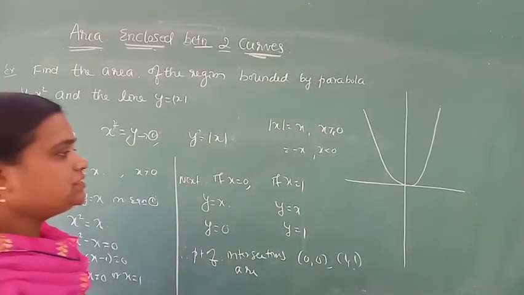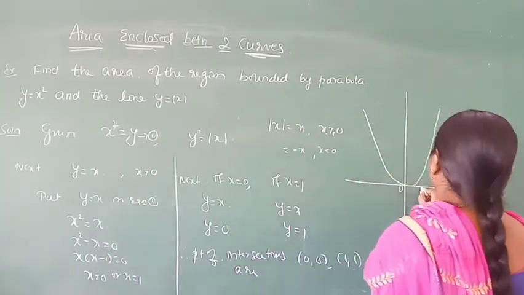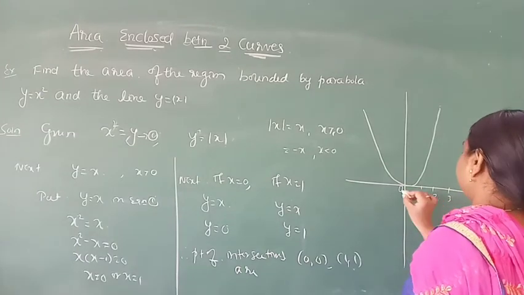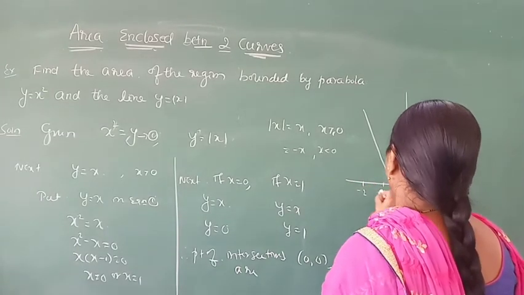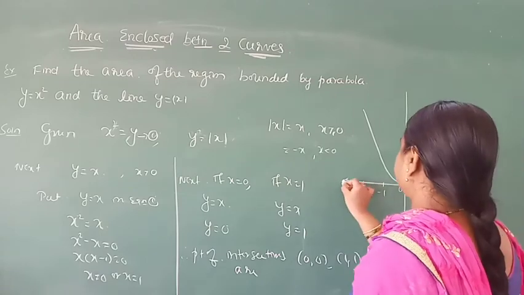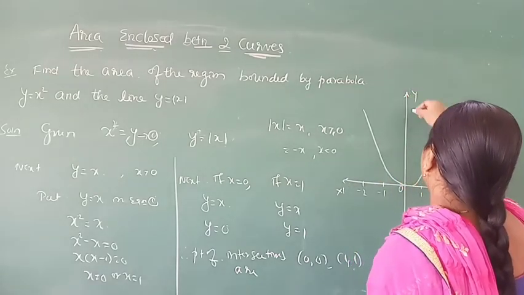Okay, this is the origin, with 1, 2, 3 and -1, -2 marked. This is the x axis and this is the y axis.